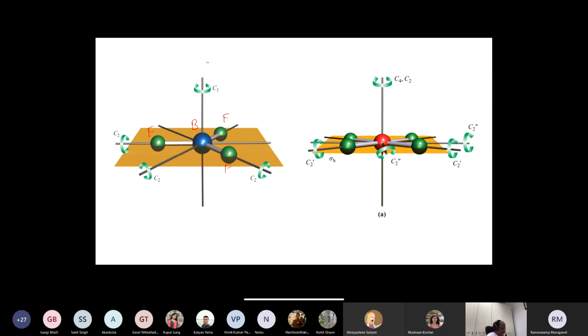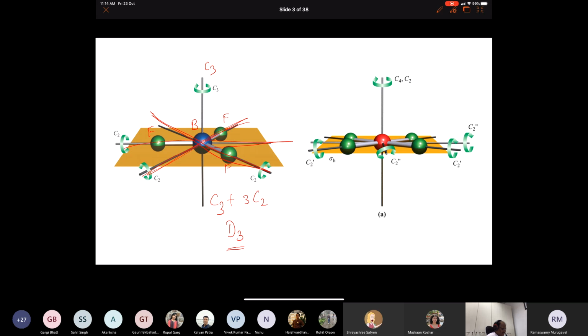It has a C3 axis running through the boron, and each of the B-F axes in the plane is a C2 axis. So you have a C3 axis and three C2 axes, which means D3 symmetry. D3 symmetry means these C2s have to be perpendicular to the principal C3.